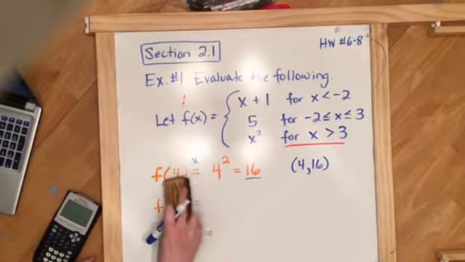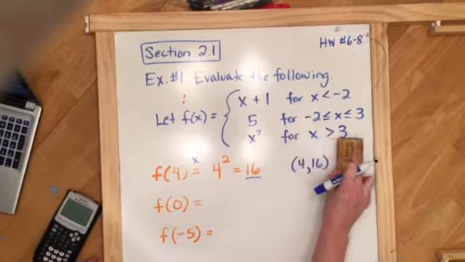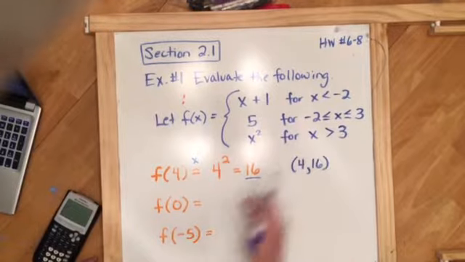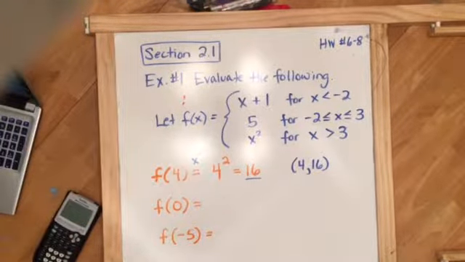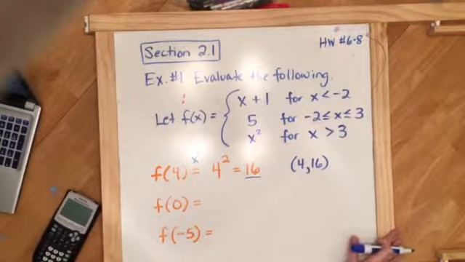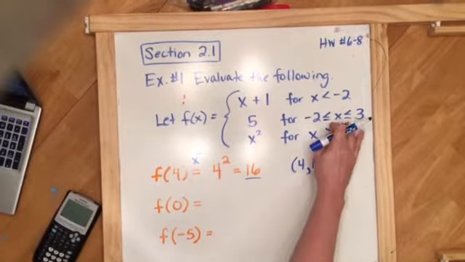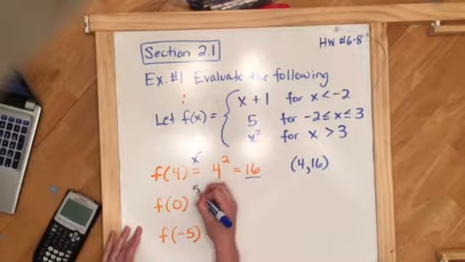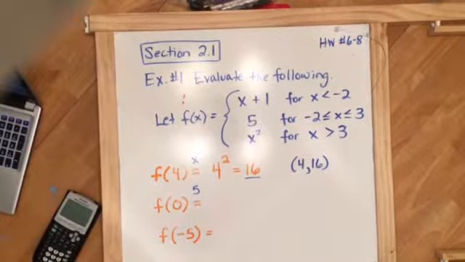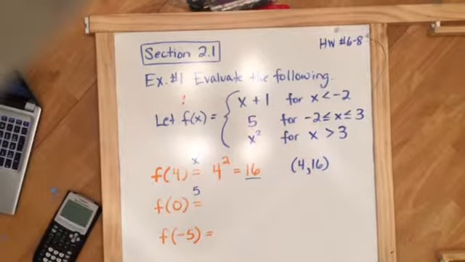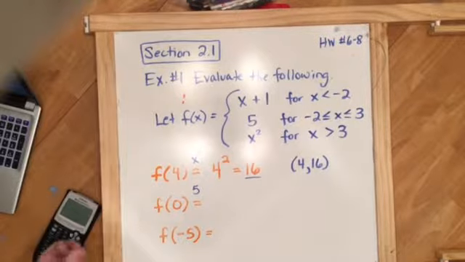Then we want to look at what f of 0 is. You want to look at the domain area of the function and see where 0 fits in. Is 0 less than -2? No. Is 0 in between -2 and 3? Yes. So it works for the constant part of the function, 5. Now this one's a little strange because there's no variable to plug in 0 for. It's just constant.